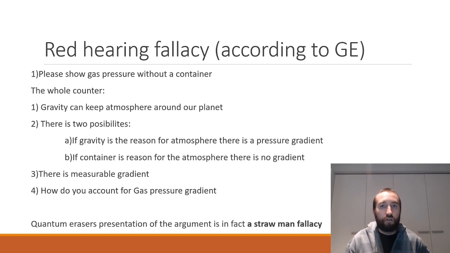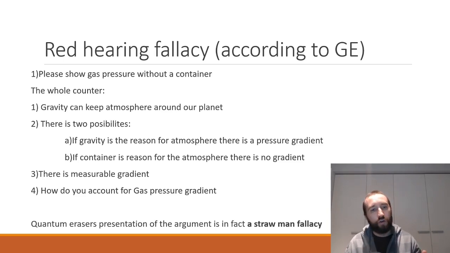And the interesting thing about this is that the argument before this was a Strawman fallacy that Quantum Eraser was showing people, and when we actually analyze his red herring fallacy, it's actually a Strawman fallacy.